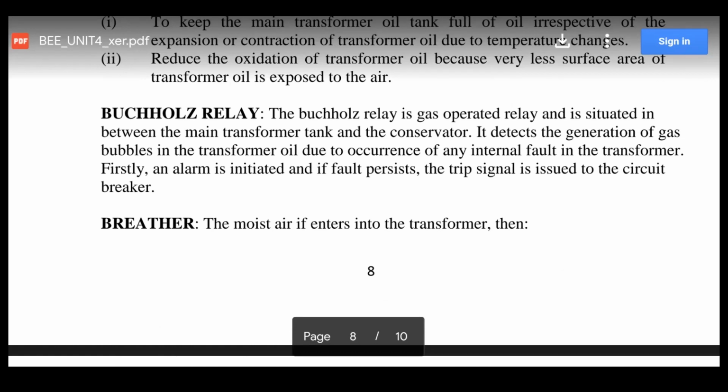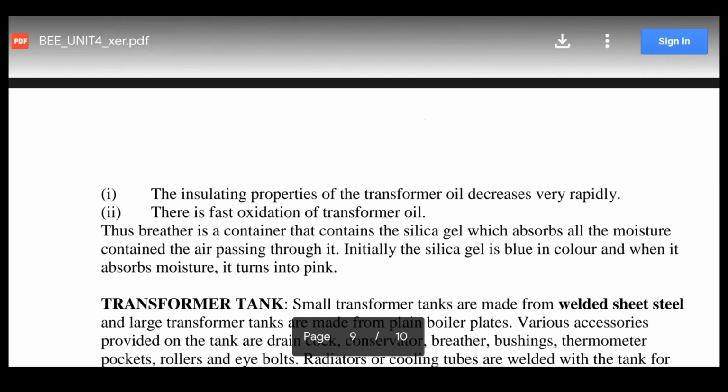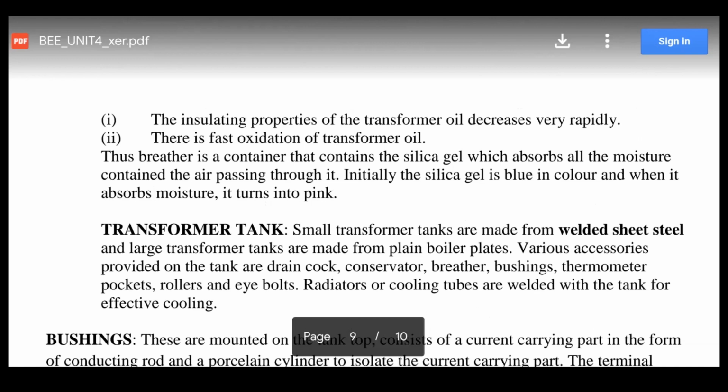If the fault is more, then the circuit breaker is attached, and that circuit breaker can disconnect the circuit, so that any eventuality is avoided. This is the breather, which has two components, the transformer oil, which I have mentioned.